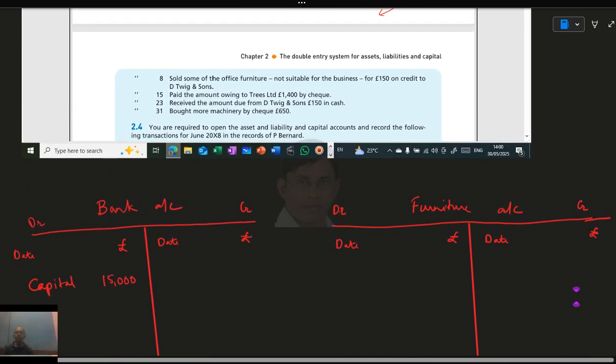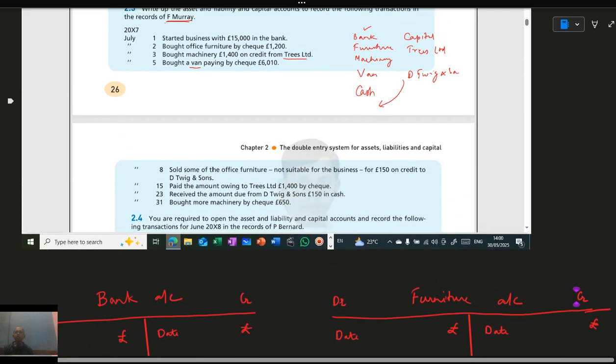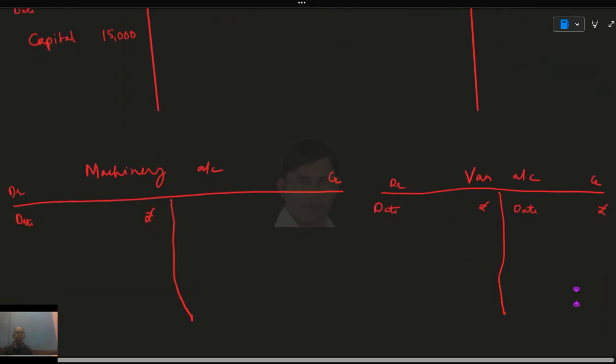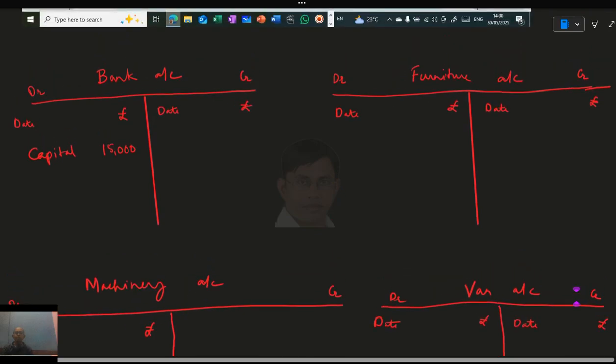So the next one. What is the next transaction? Bought office furniture by check, 1200. Office furniture is an asset and it is increasing, by 1200. By check means through bank.